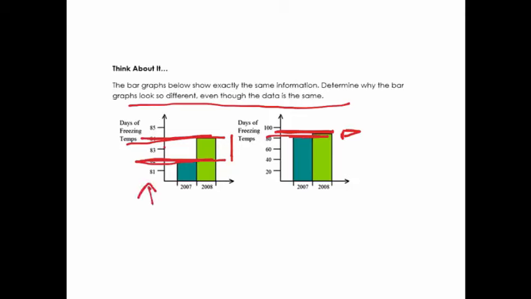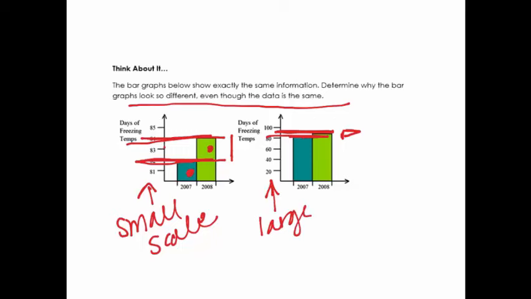So this one has a small scale, which makes it easy to read exactly what's happening in between the two colors, this teal color and this green. And this one has a large scale, which makes it a little bit more difficult to read and see what's happening here.